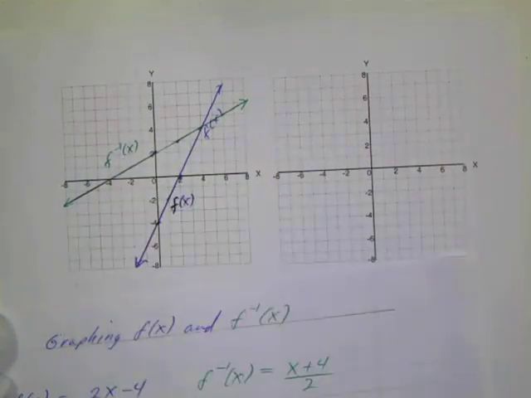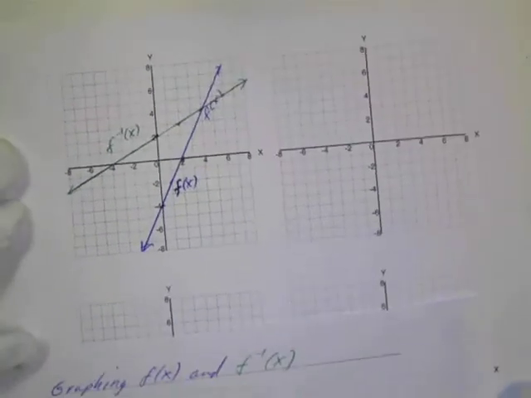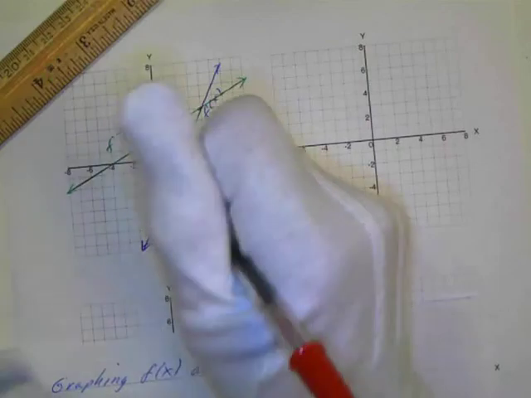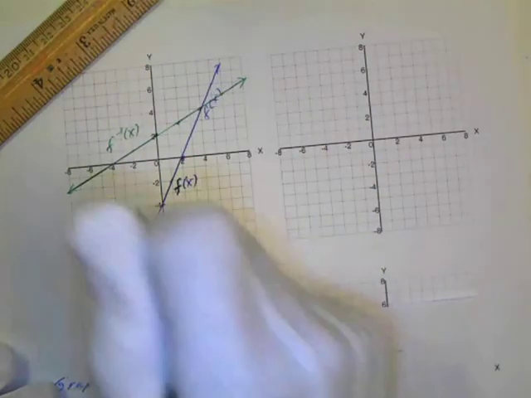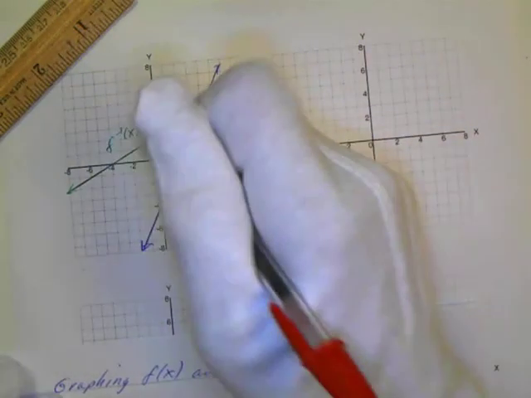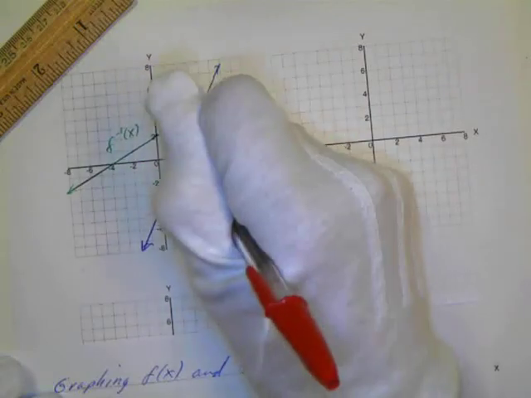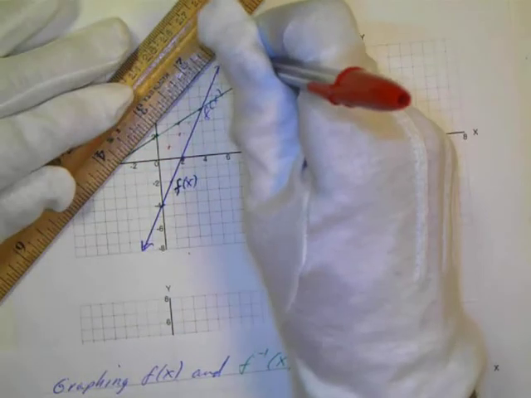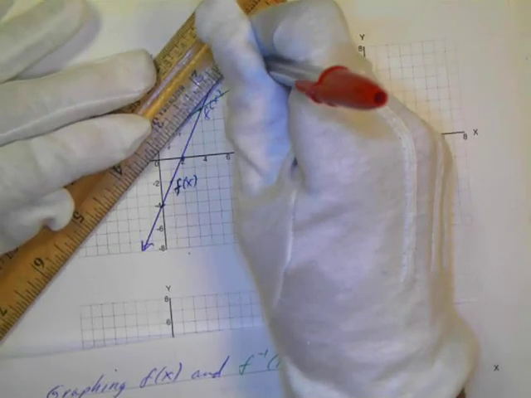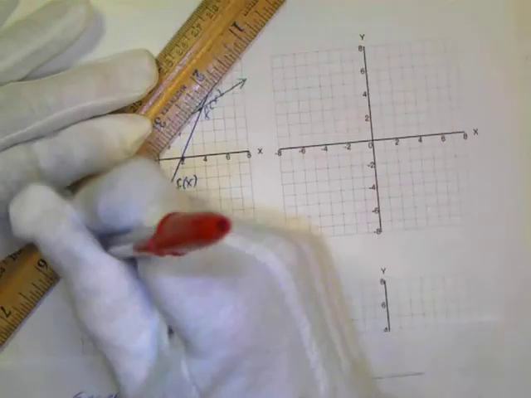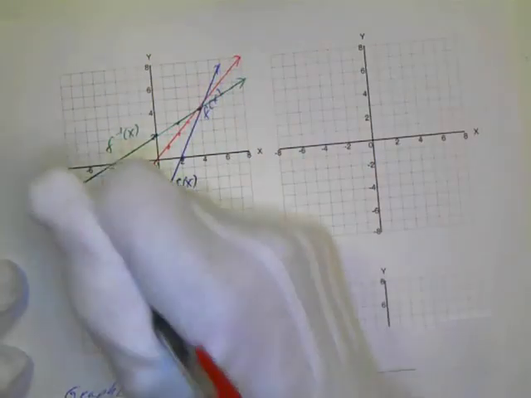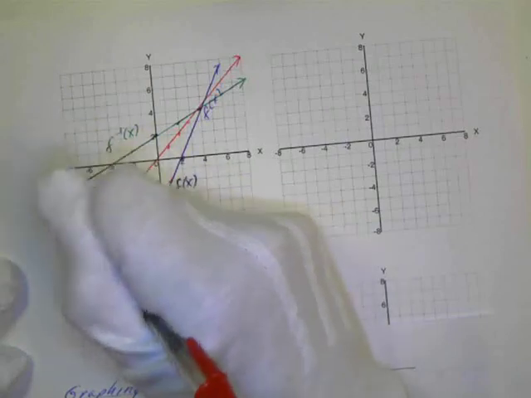And if we look at the line y equals x, which is actually the identity function, in other words, the x and the y are the same, and we plot this line y equals x, so we know that 1, 1, 2, 2, 3, 3, 4, 4, we draw that nice diagonal line that goes right through the origin. And this is the line y equals x, our identity line again.